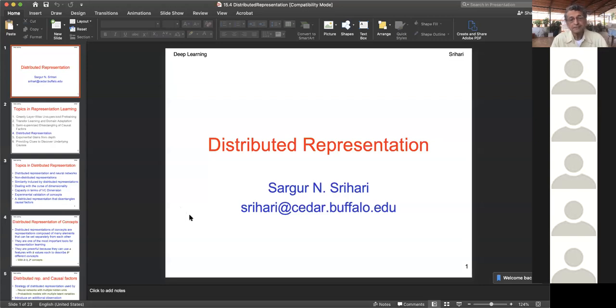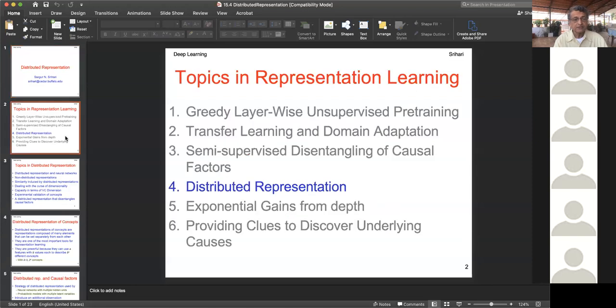So we are covering distributed representations, and the slides indicate what the topics are. So this is topic number 4 within representation learning.